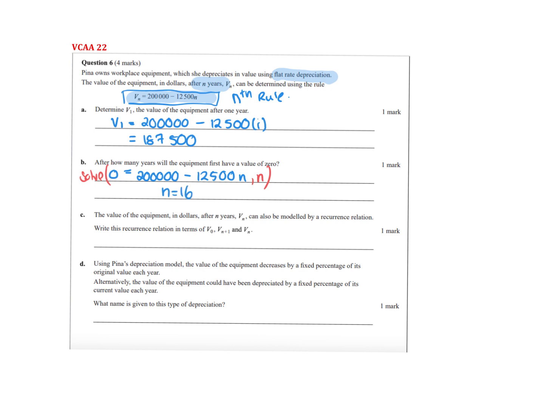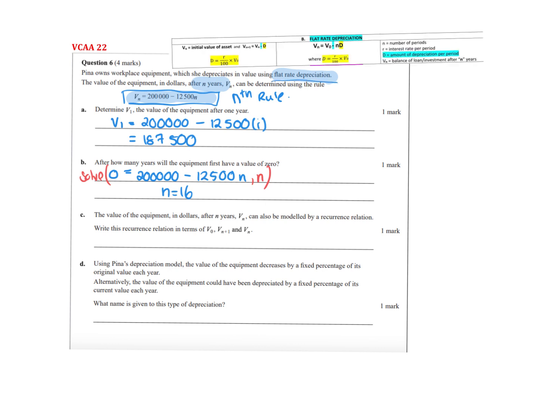That's fine. The value of the equipment in dollars after N years can also be modelled by a recurrence relation. So now they want you to write the recurrence relation. So you know it's flat rate and you want the recurrence. So, okay, so you've gone to your formula sheet. This first column here is the recurrence relation. So a recurrence relation, you always have to write the VO, which is 200,000.